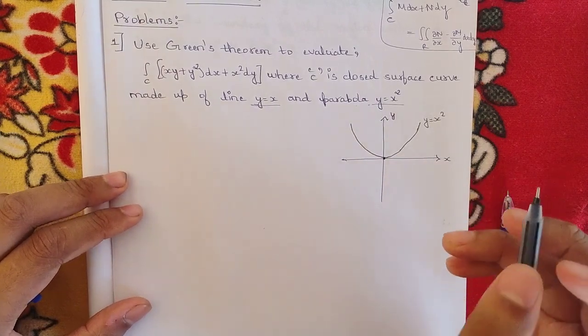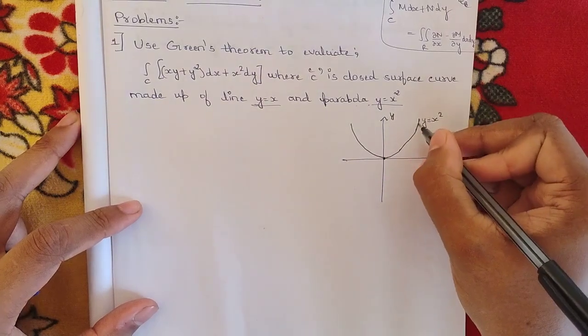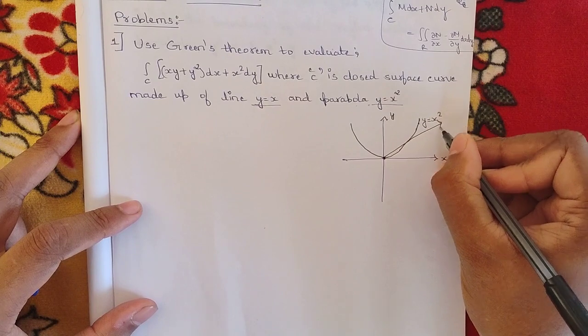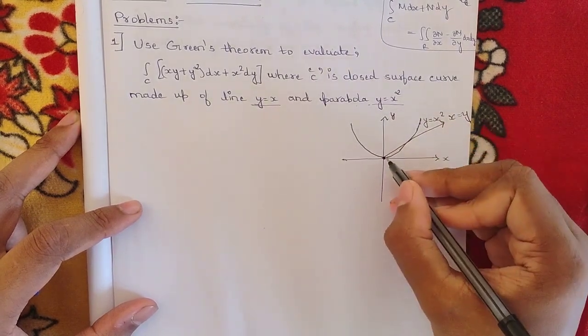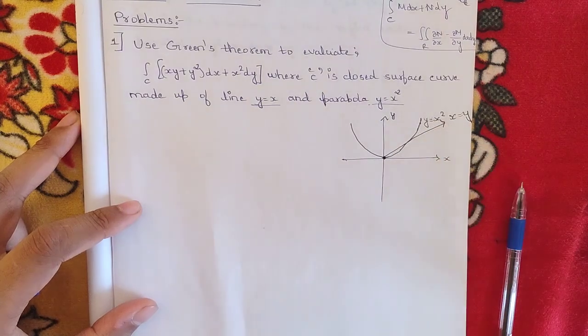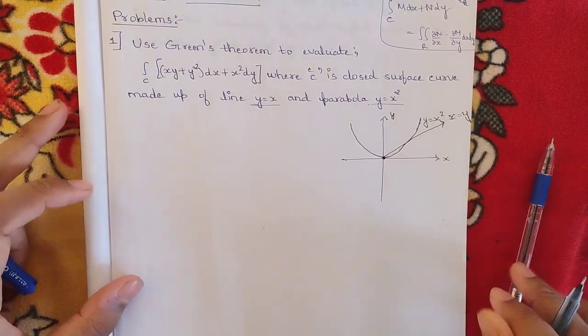Also they mentioned to draw the line x equal to y, that is this slope part. This is the line of x equal to y. From the origin you should draw one straight line so that the value of x would be equal to y.